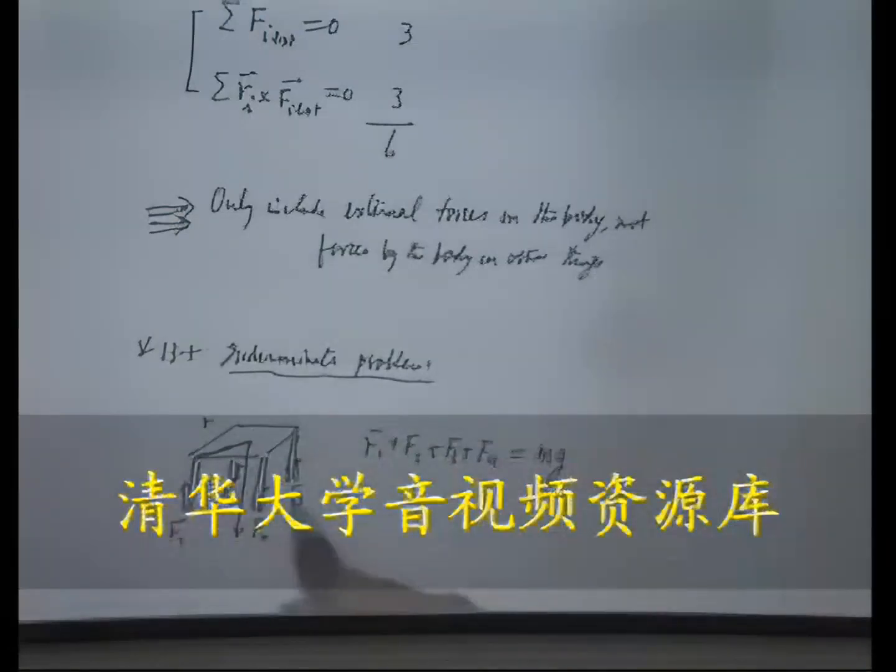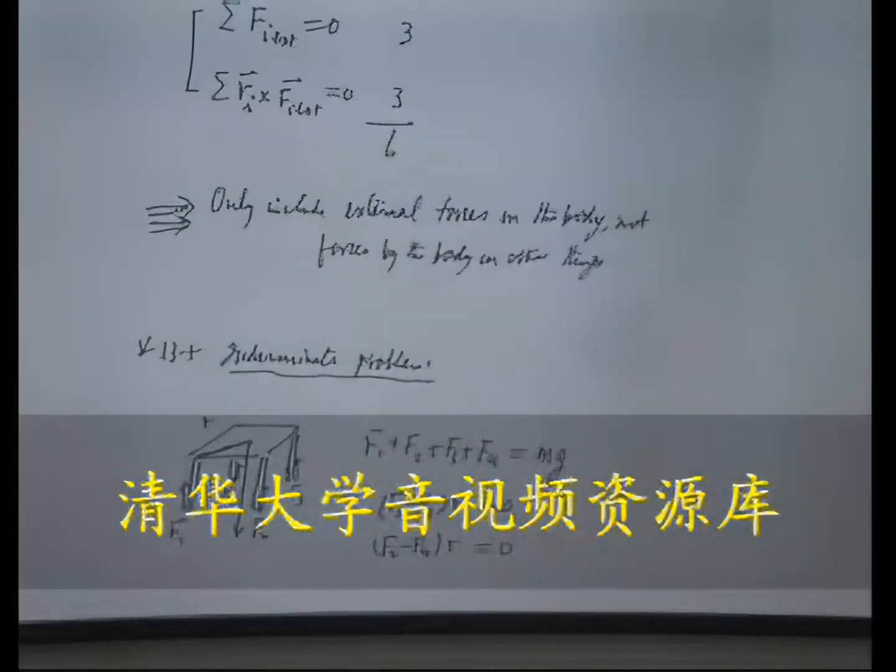Then F1 and F3, I claim F1 minus F3 times r is a torque in this direction, and that has to be equal to 0. While F2 minus F4 times r gives you a torque in a perpendicular direction. So that also has to be equal to 0.